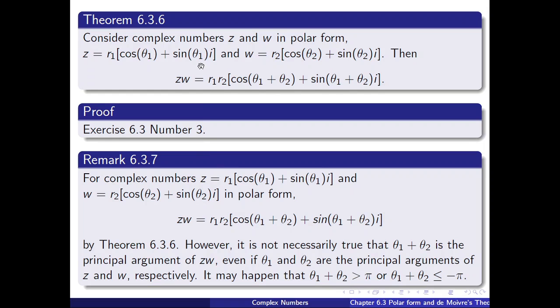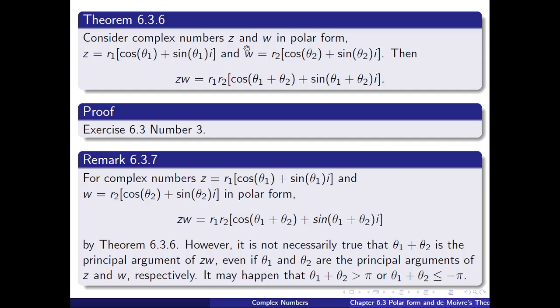Now we go on to another theorem, and here we are defining a new definition of multiplication in polar form, right? So before, we had one way, where we would say AC minus BD or something of that nature. Now we have a new definition of multiplication, in the form of a theorem.